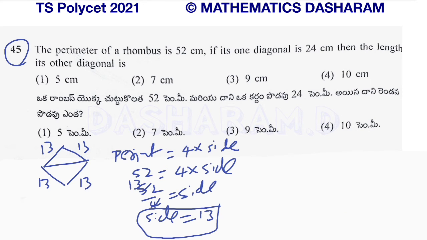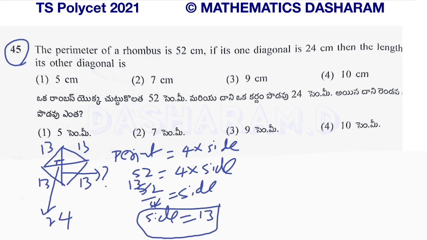So 13, here 13, here 13, here 13. Given that one diagonal length is 24, we are asked the other diagonal length. We know that in a rhombus the diagonals bisect each other at 90 degrees. So here we get 90 degrees.